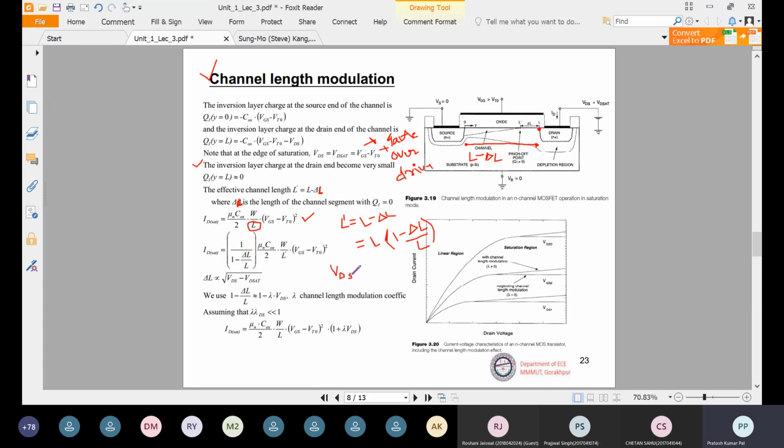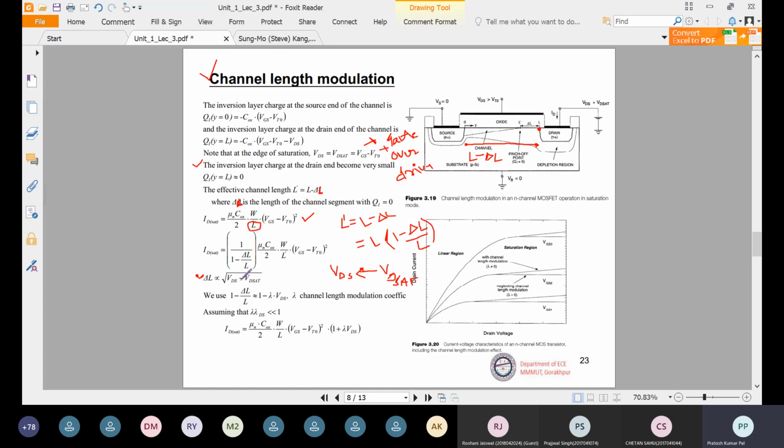So whatever VDS we are applying, and how much this VDS is greater than the VDsat, that will be directly affecting the channel length, that is the reduced channel length. So whatever reduced channel length will be there, that will be directly proportional to the square root of whatever change is there between VDsat and VDS that we have applied. Okay, so this is the relation.